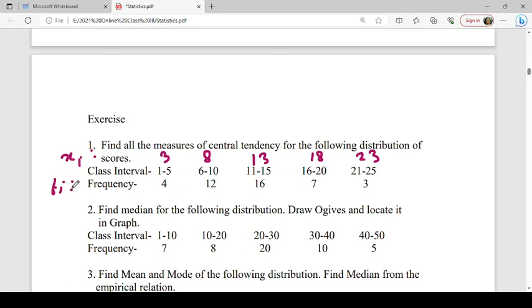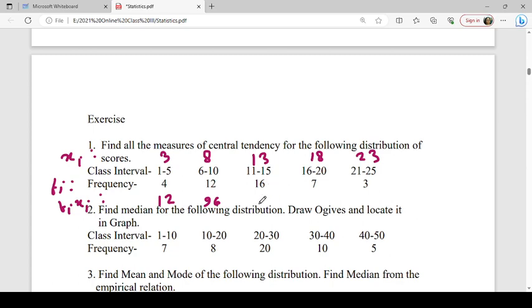For the first formula, we need a column for summation fi xi. So you make this column of fi xi. 4 into the respective xi, 3, is 12. Then 12 into 8 is 96.